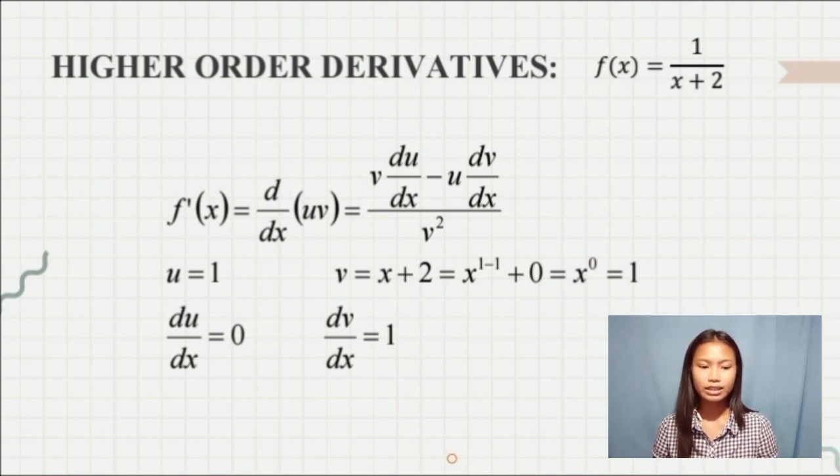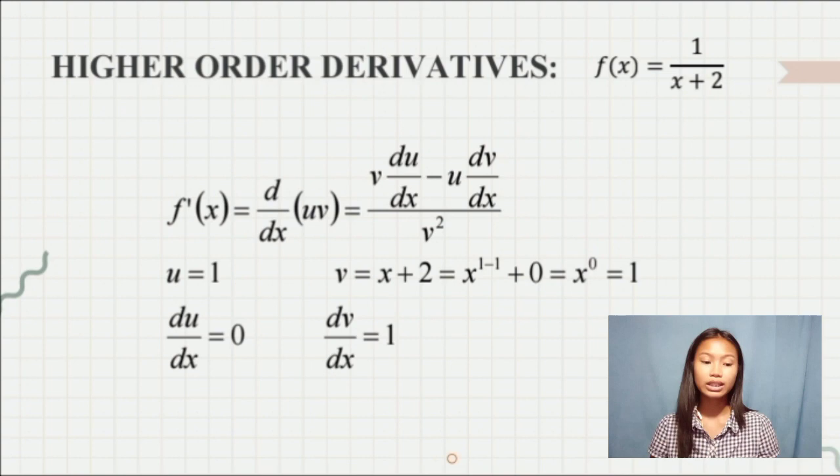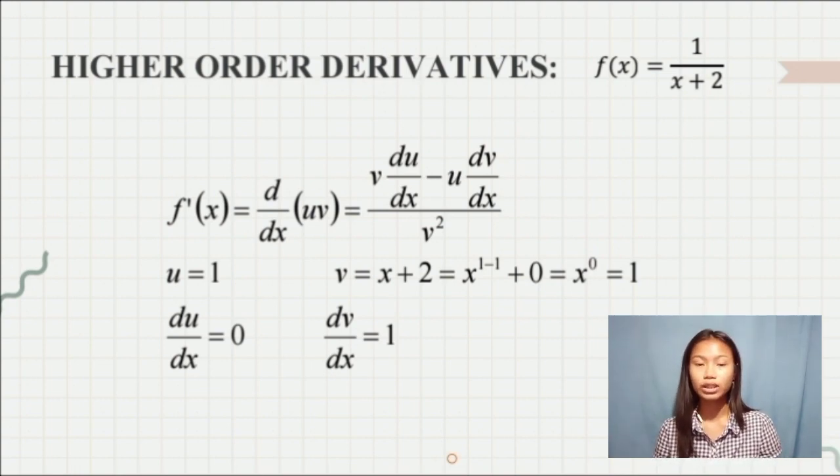We will get its derivative as what you can see in the quotient rule formula. So the derivative of the first function, d over dx, is 0 since there are no variables included. It is only a number, so it will become 0.